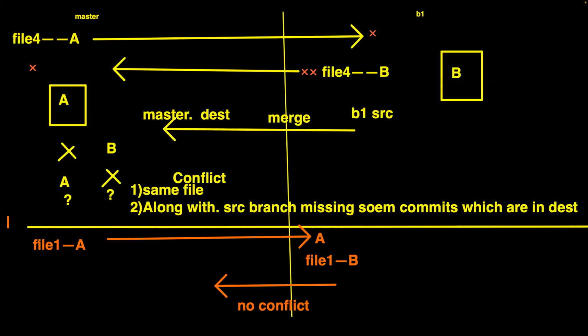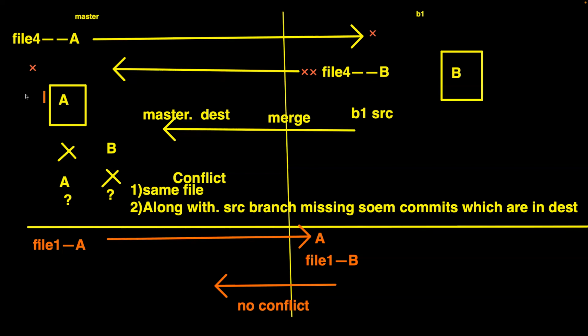Ma'am, please explain one more time. I don't understand. Which part, Preethi? You understood the first use case: there is a file 4 on the master branch, you made a commit A. That is not there on B1. Again on file 4, you made some other commit called commit B on the B1 branch.